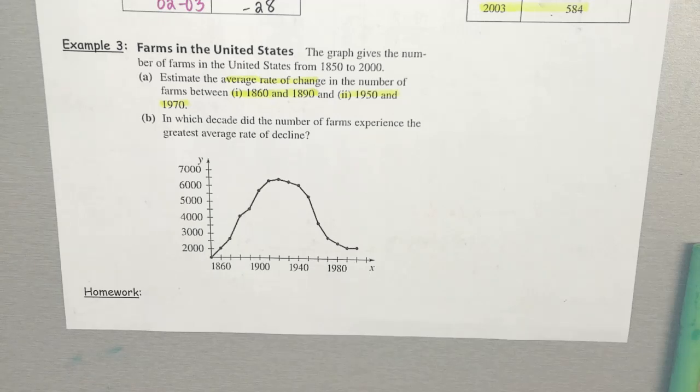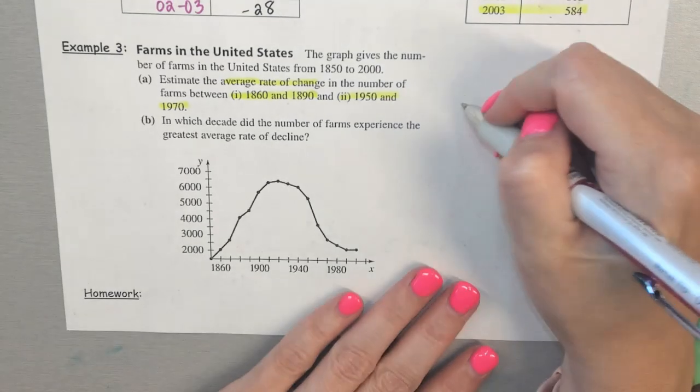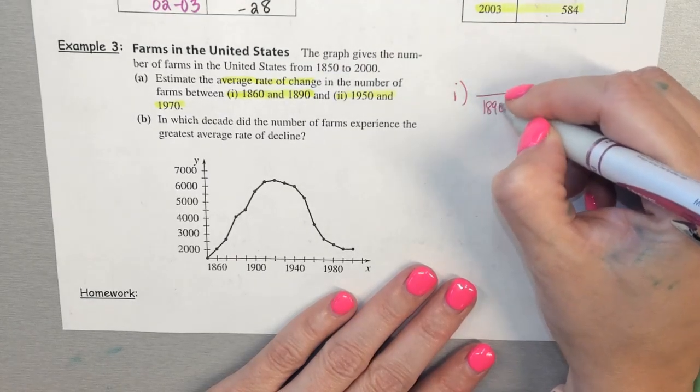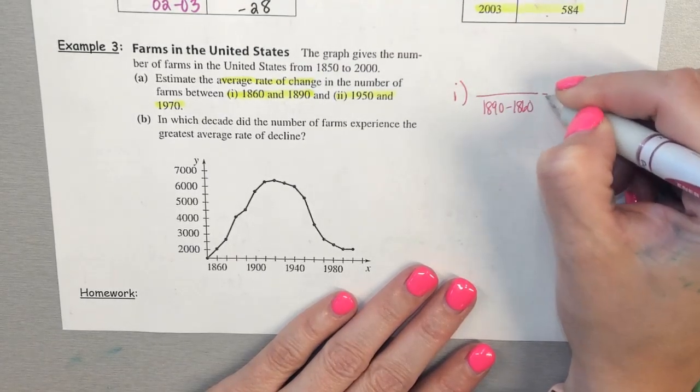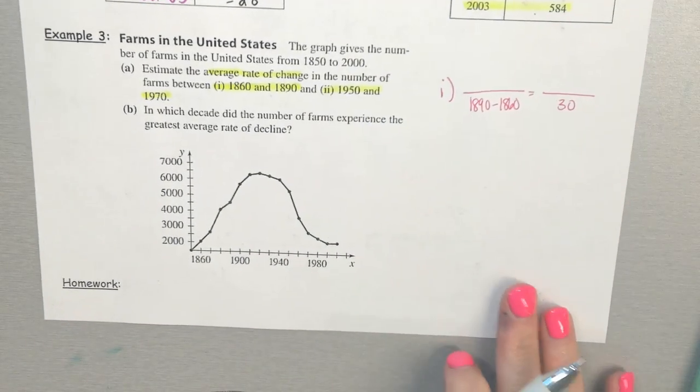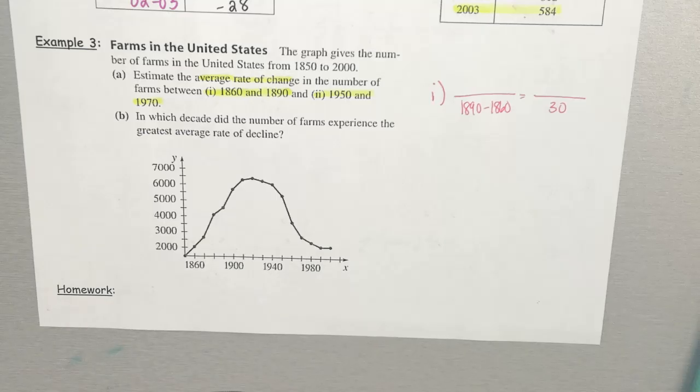By tens. Okay, so for part 1, we have 1890 minus 1860, so we know the denominator is going to be 30. You can use your calculator for these, that is fine.